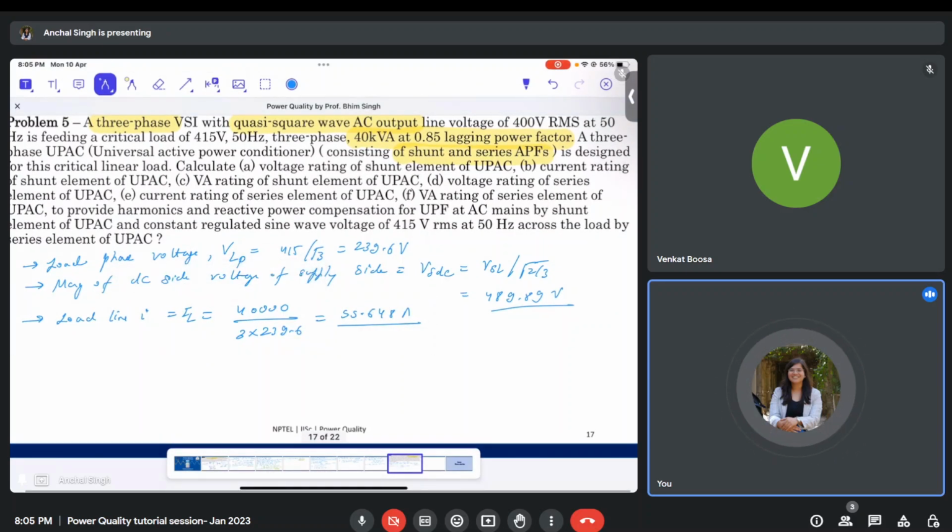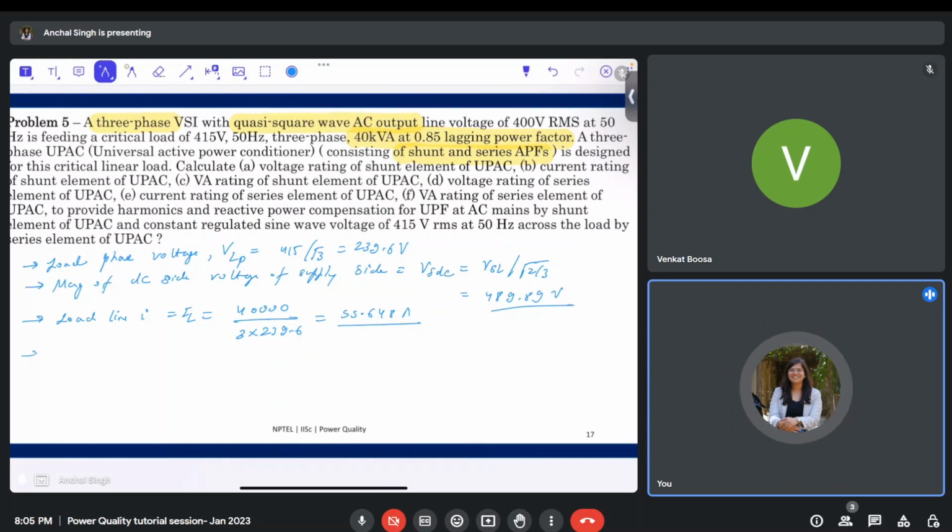And the active part of load current, let me directly write it as IL1A, is equal to SL into PF, that will be active power, divided by 3 into VLP, load phase voltage. So this will be 40,000 into 0.85 by 3 into 239.6. This will come out to be 47.301 amperes.